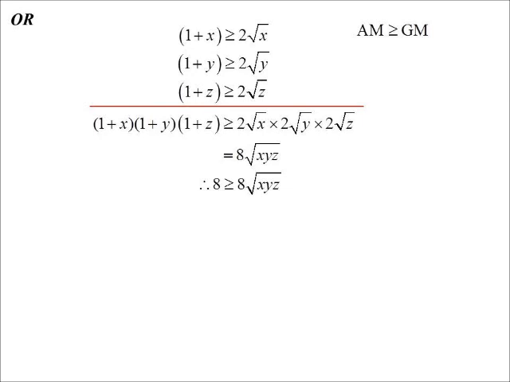So 8 is greater than or equal to 8 root xyz. It comes out a lot quicker, but nowhere near as much fun, was it? That idea comes up a lot in these inequality questions, using the idea arithmetic mean greater than or equal to geometric mean.